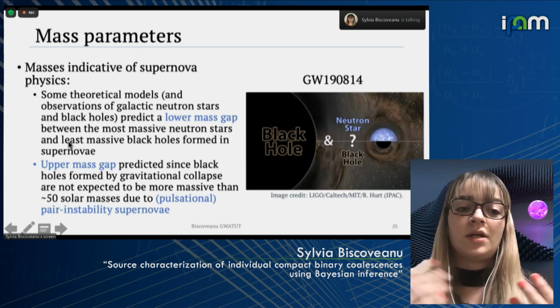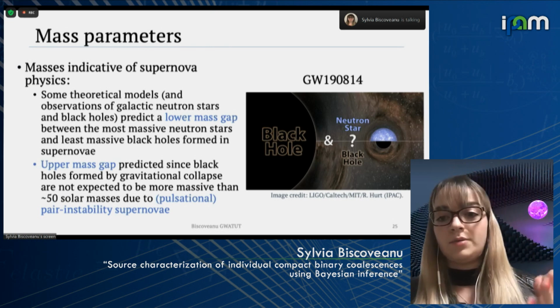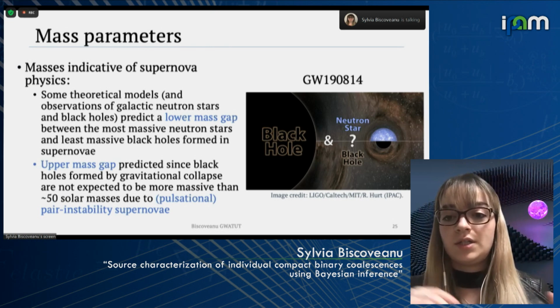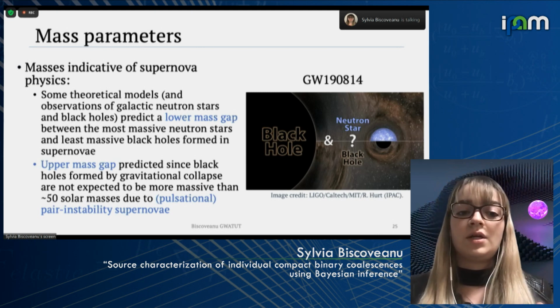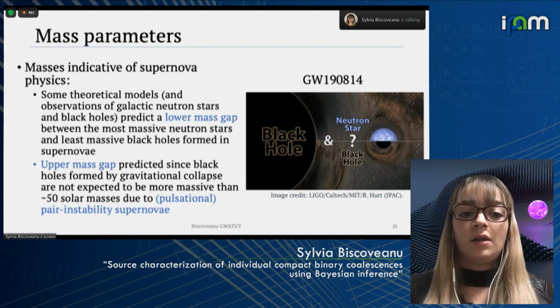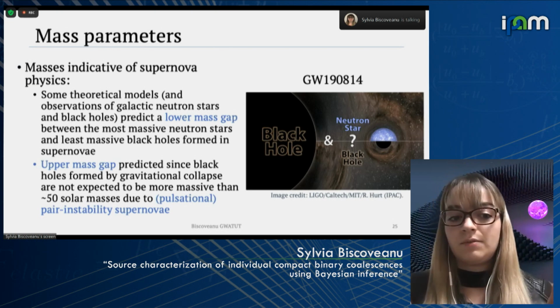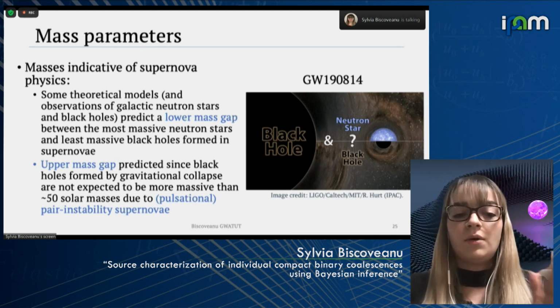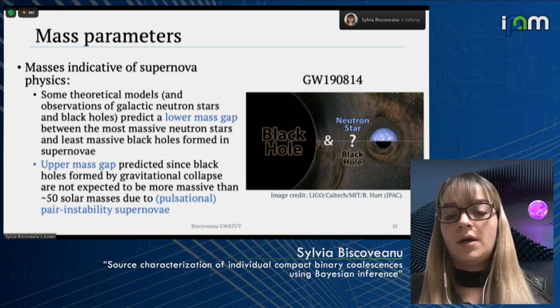Okay, and so what actual astrophysics can we learn by measuring the mass parameters? So the masses are indicative of supernova physics. So for example, some theoretical models and also the observations of neutron stars and black holes in our galaxy via X-ray binaries show that there should be a lower mass gap between the most massive neutron stars and the least massive black holes formed directly in supernovae. So we don't know what the maximum mass of a neutron star should be.